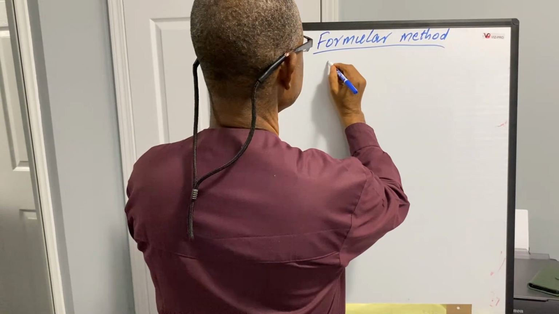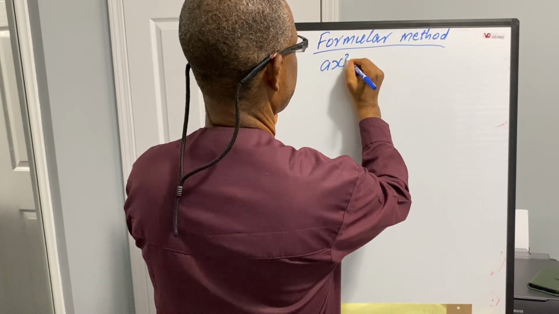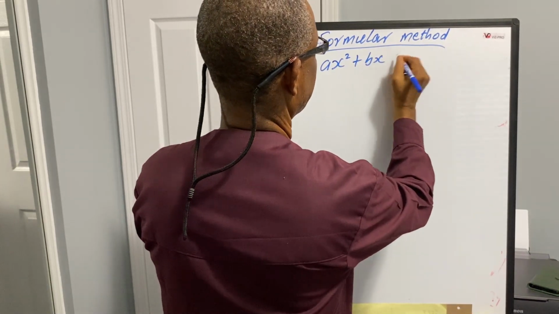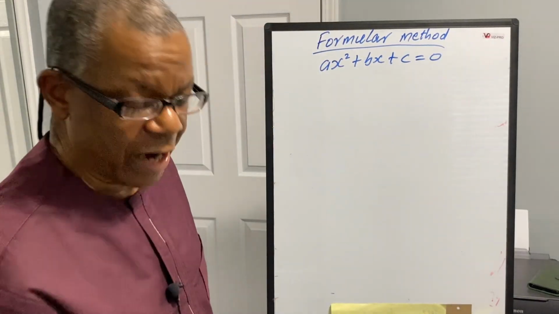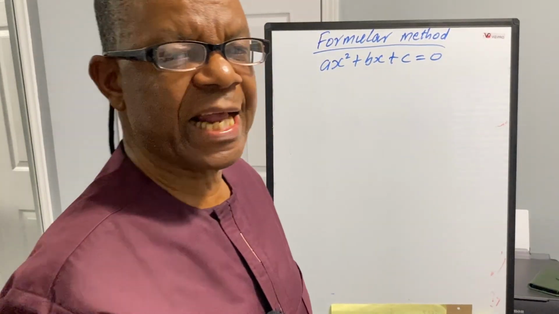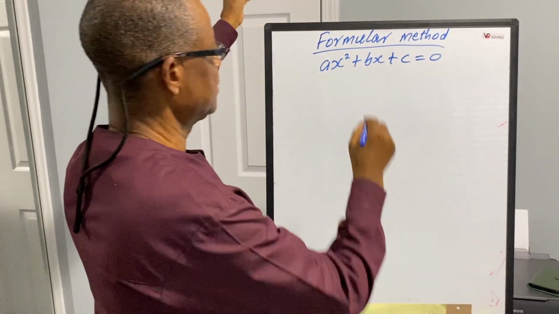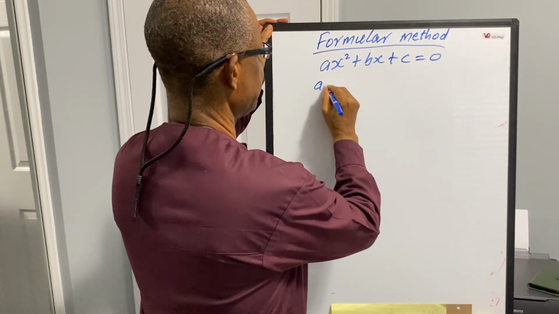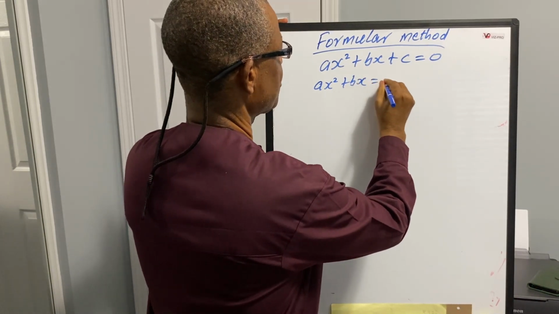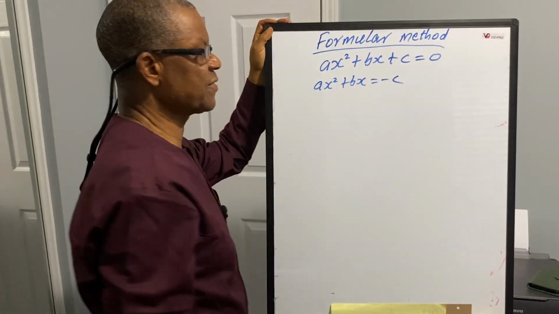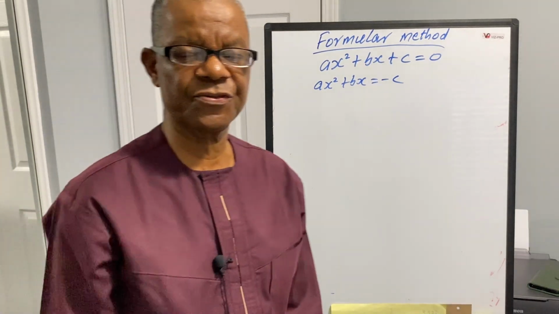Quadratic equation is in this format. And from the completing the square method steps, we have gone through the first thing. We have ax squared plus bx equals minus c. The positive c crossing becomes negative c.